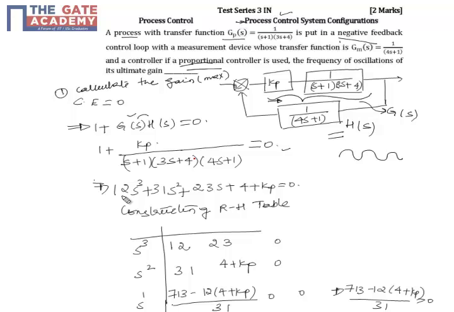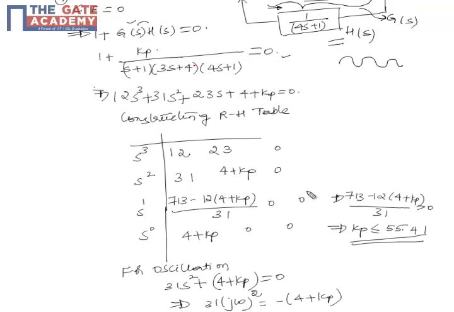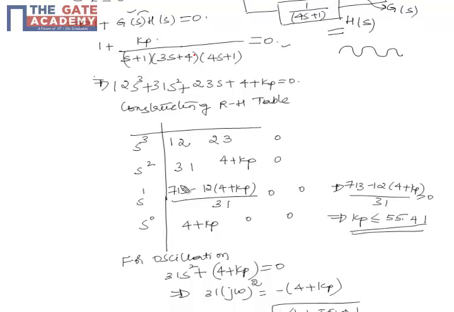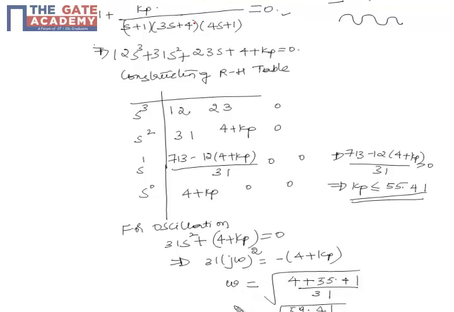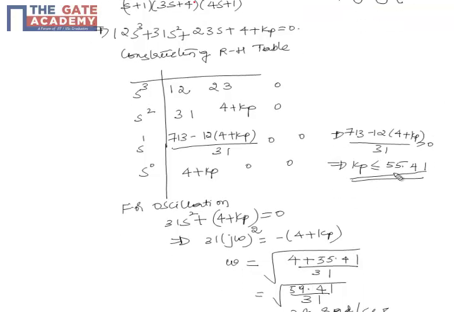Now I have to construct a Routh array table, which we have already discussed in control systems. I get the table in terms of s cube and s square. When I solve it for oscillation, I need to equate the lowest term to 0, and with that, you can see my gain range is up to 55.41, which is the maximum allowed gain.